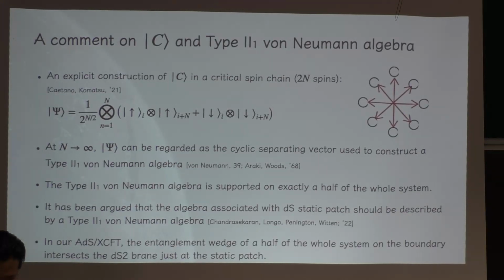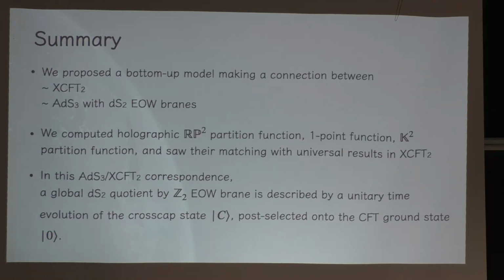Okay. Well, maybe let me make a summary of what I have said. What we did is that we proposed a bottom-up model which makes a connection between two-dimensional Crosscap CFT and AdS3 Einstein gravity with dS2 and de Sitter. In order to establish this correspondence, we computed the RP2 partition function, one-point function, and the Rényi partition function, and saw they match each other in a very good sense.